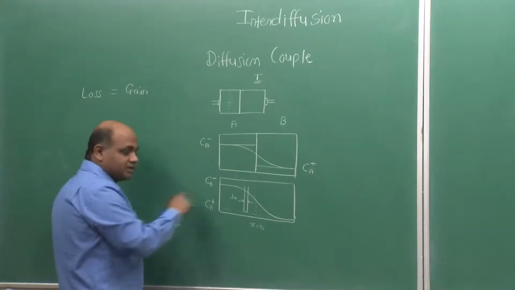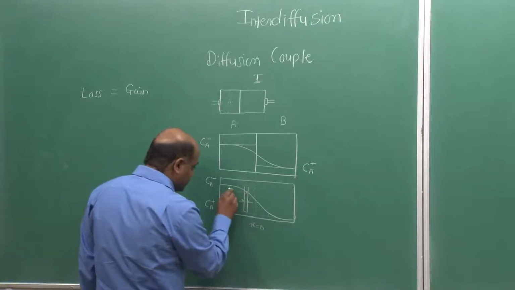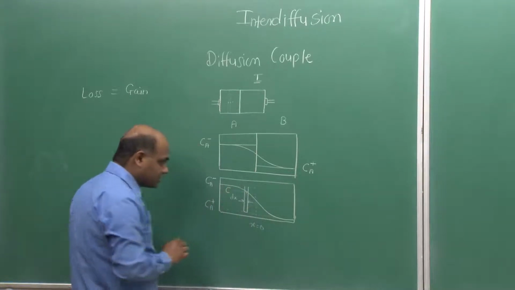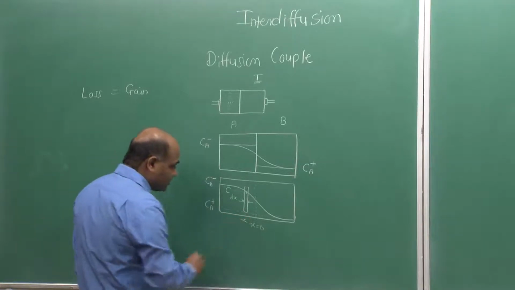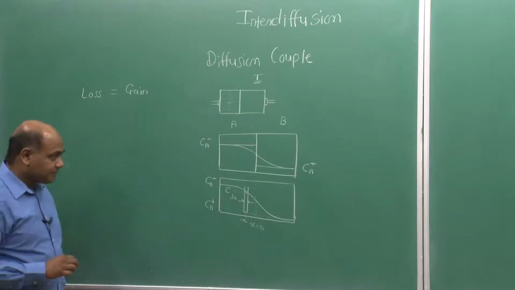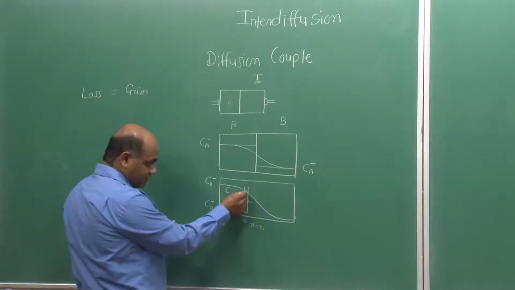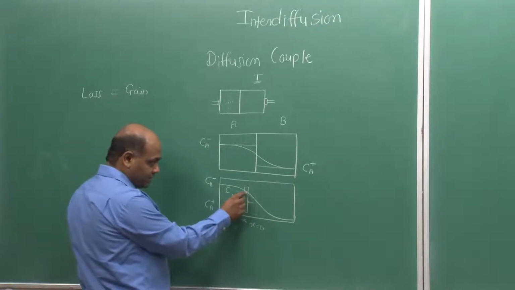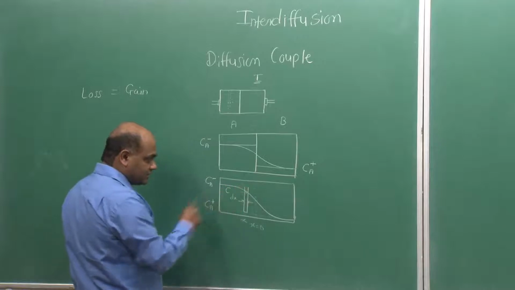So, the loss in this case, if C represents the concentration of A and x is the location of this volume element, let us say, then the loss in this particular element would be C(x) minus the original concentration C_A minus, times the volume, which is dx.